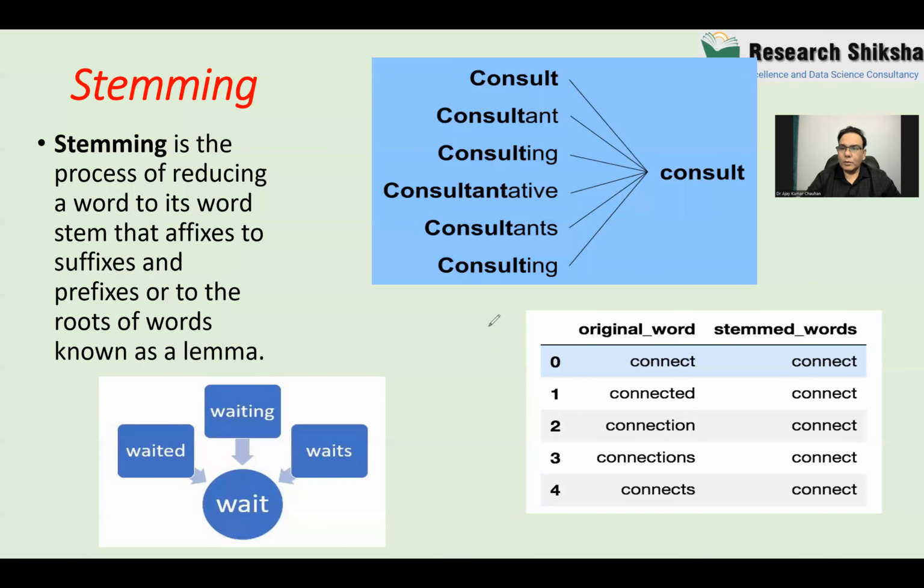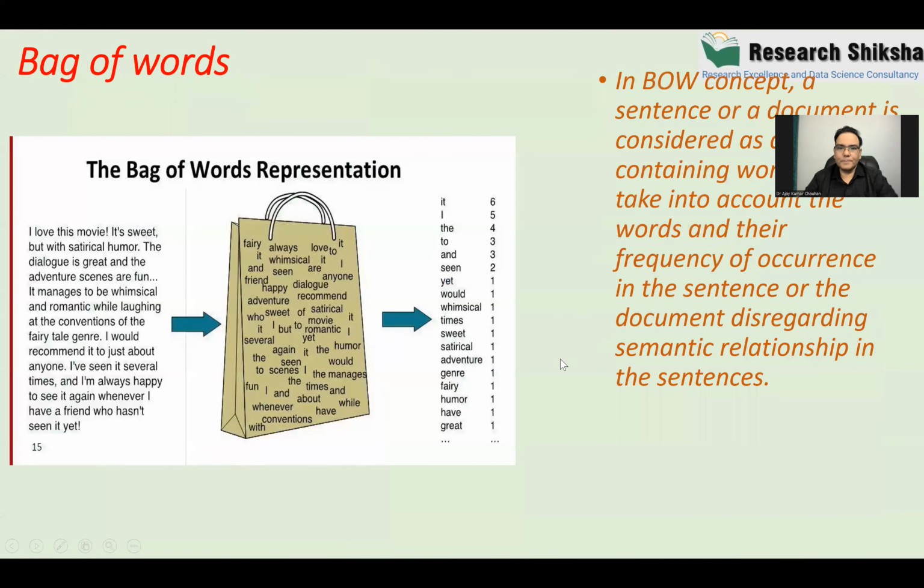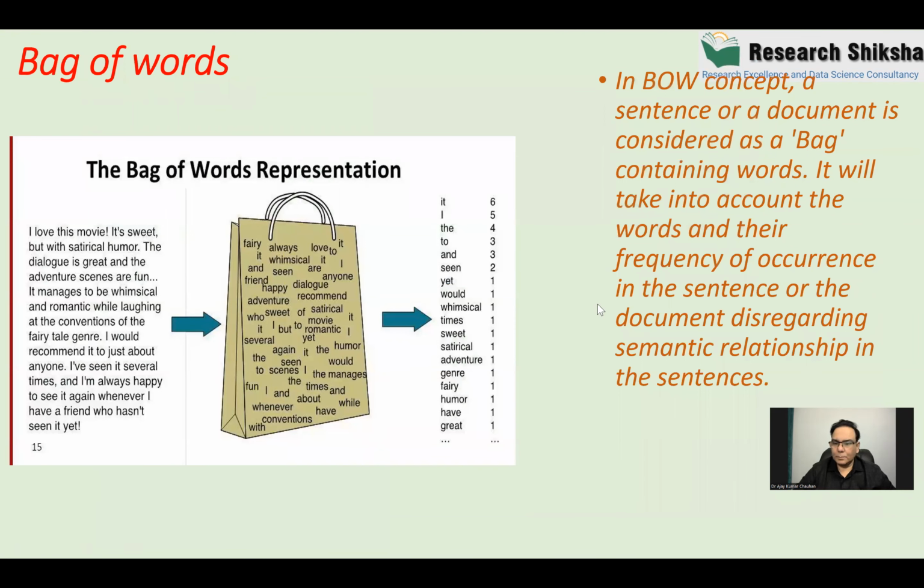After removing all these problems, we are left with some important words. These important words are known as the bag of words. So once we remove the stop words, the digits, special characters and punctuation, after removing all these problems, whatever is left means we are left with important words.